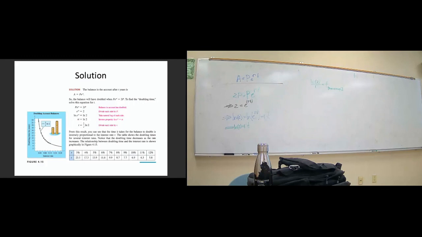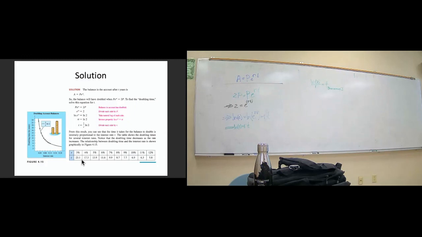And here's a nice little table to tell you how long in years it's going to take to double the amount in your account compared to your principal based on different interest rates. So if you have an interest rate of 3% annually, then it's going to take you 23.1 years to double that amount.